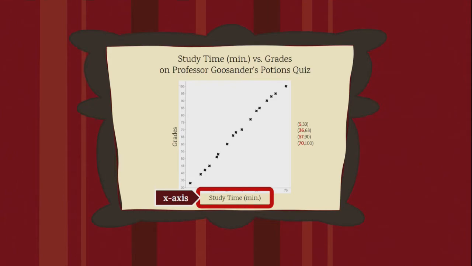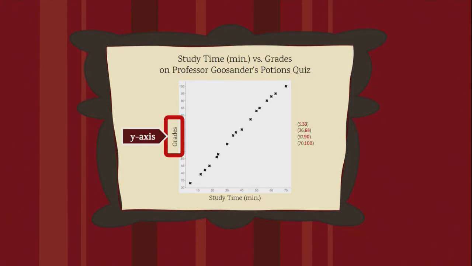And you can see, actually, looking at our little X's, we have a lot more. But let's just focus on these 4. We have the y-axis, which is grades, and that stretches from just above 30 all the way to 100. And you can see in my ordered pairs over on the right-hand side, at least one student made a 33, one made a 68, one made a 90, and one made a 100.